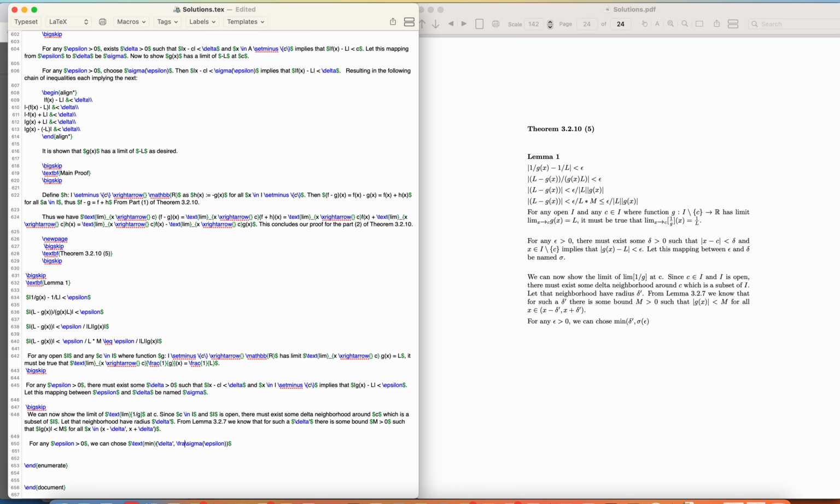So we can make this fancier and use the fraction symbol. There's nothing too crazy here.